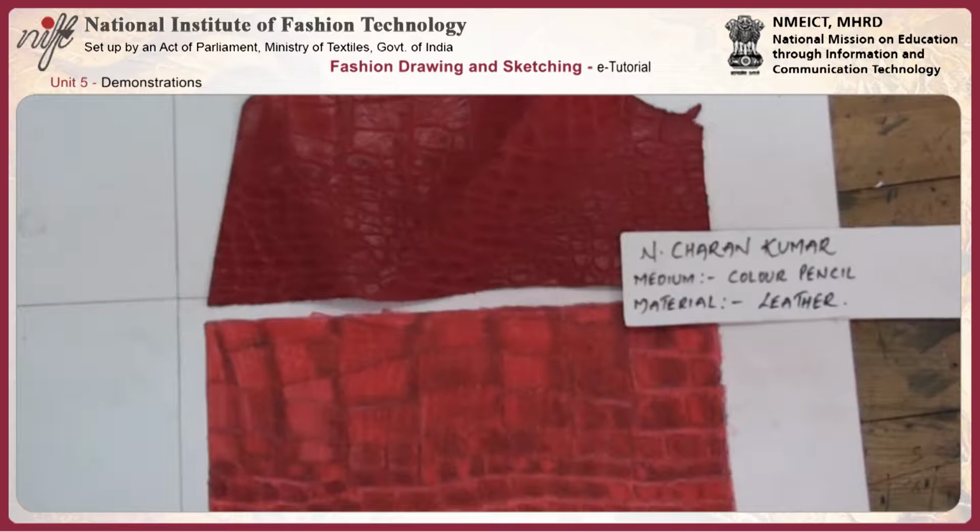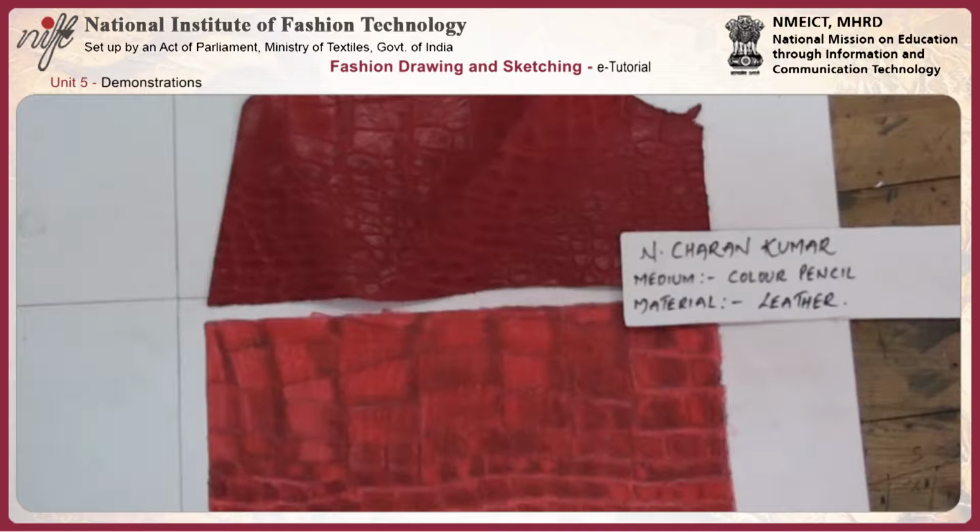For example, the rendering that you are watching right now has squarish shapes, big and small, distributed in a certain manner.